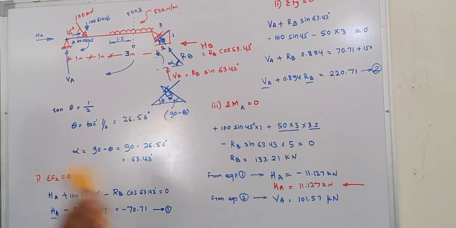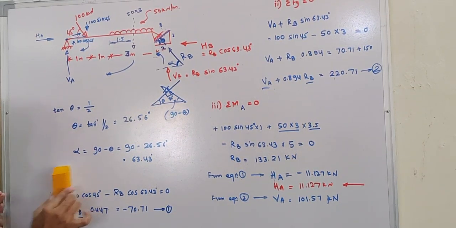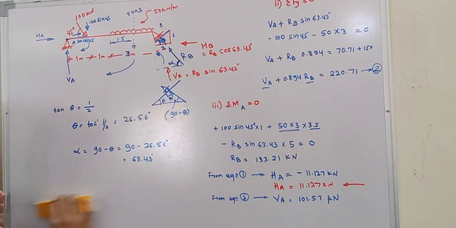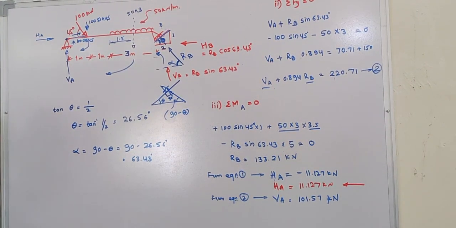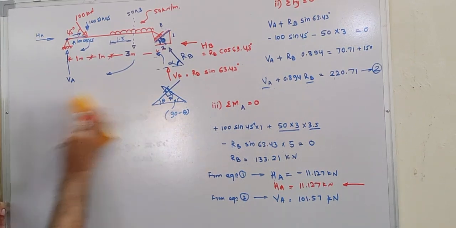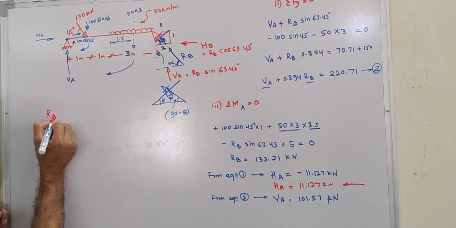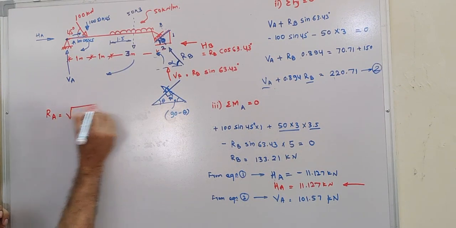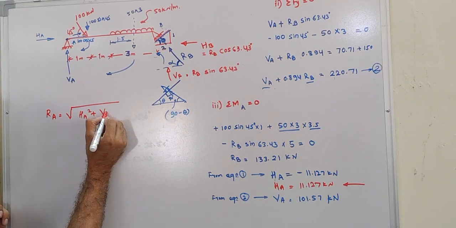So now what will we do? We'll find out the resultant. Okay, so I'll just rub this part. And we'll find out the resultant. So resultant RA is equal to square root of HA square plus VA square.